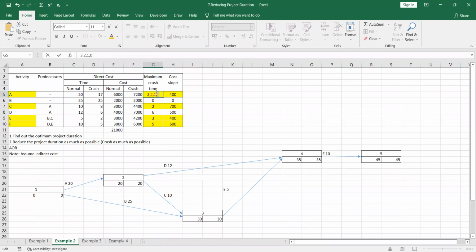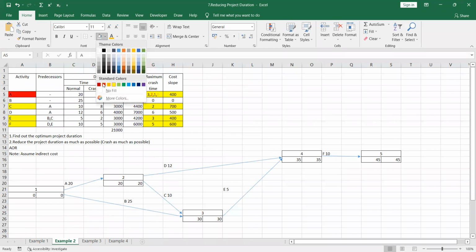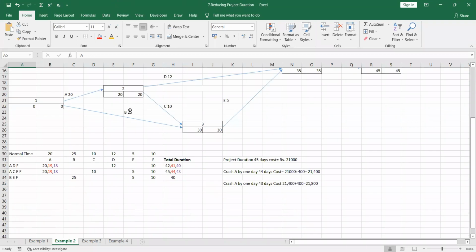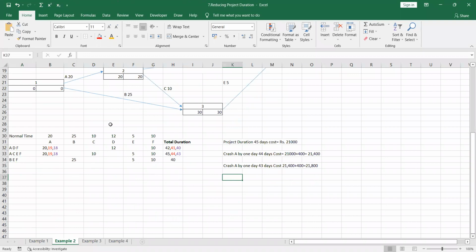When I crash activity A by 1 more day, further to that we cannot crash activity A. That means you have to cut out the activity A. So I will make it as 0. That means we cannot further crash the activity A, right? So therefore, I have cut the activity A here. So crash A by 1 day.